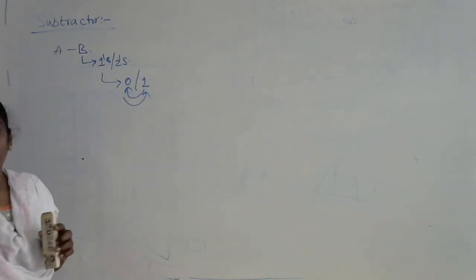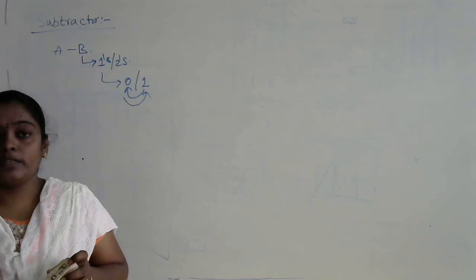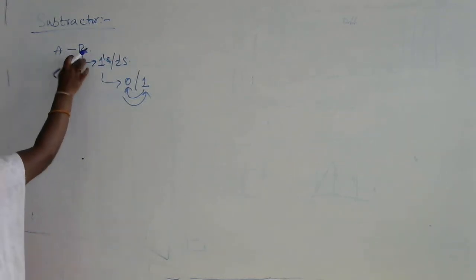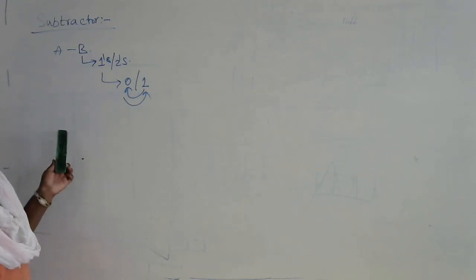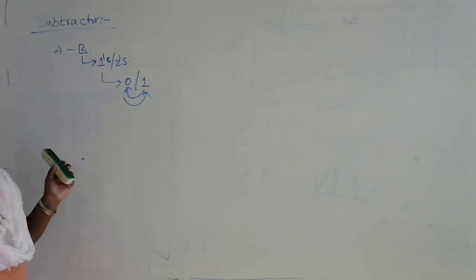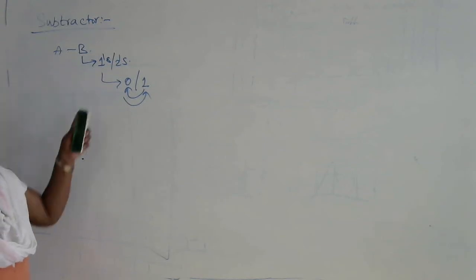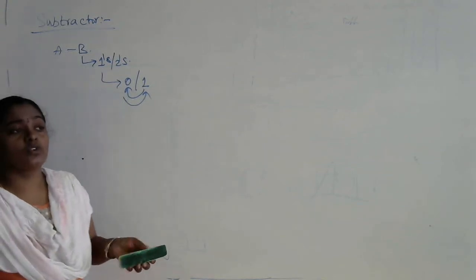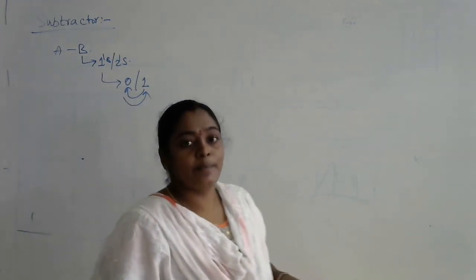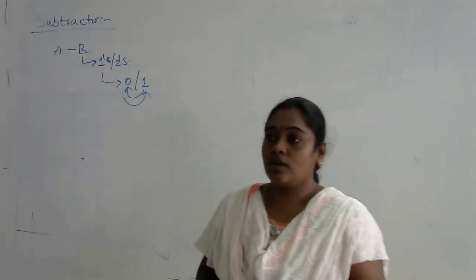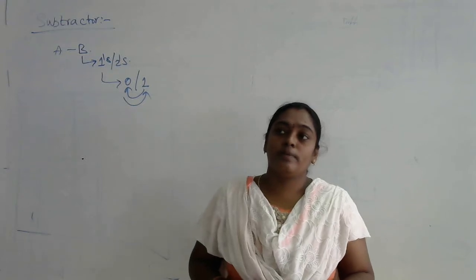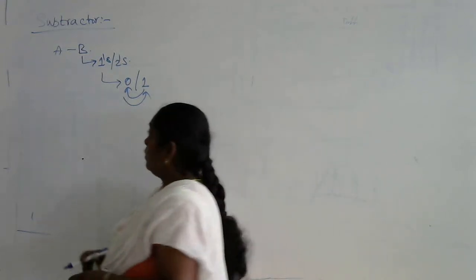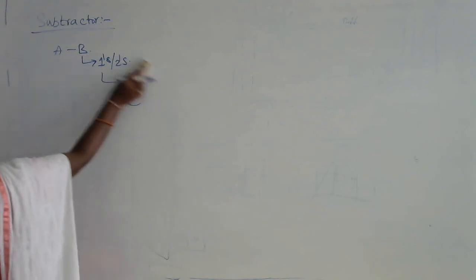Here I am using the 2's complement, because it is mostly preferable to the 1's complement, since in 2's complement we don't have any differentiation between plus 0 and minus 0. In this 4-bit subtractor also, I am performing the operation in that way.